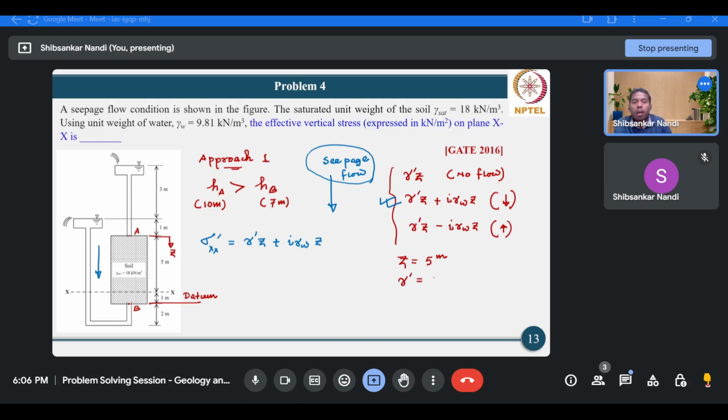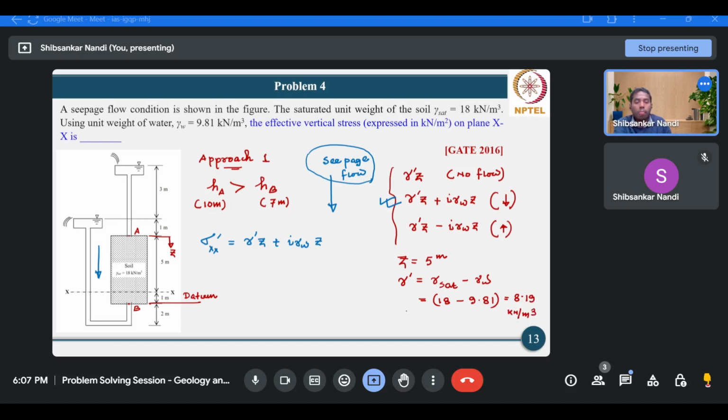Gamma prime is the submerged unit weight, which is the saturated unit weight minus the unit weight of water. The saturated unit weight given is 18 kilonewton per meter cube, and the unit weight of water is 9.81. So 18 minus 9.81 is 8.19 kilonewton per meter cube.